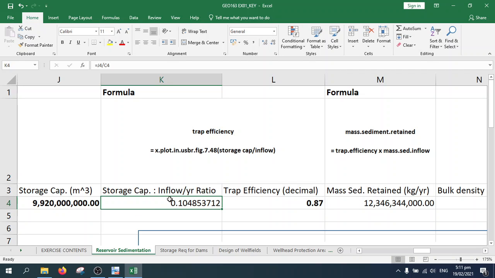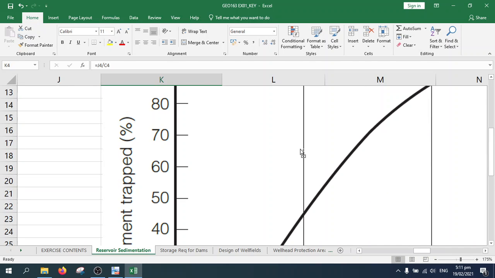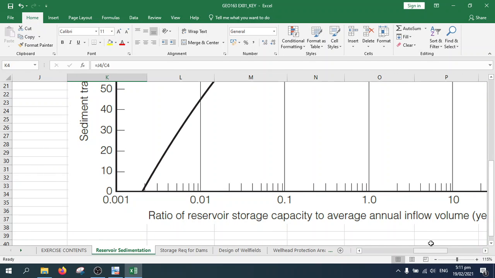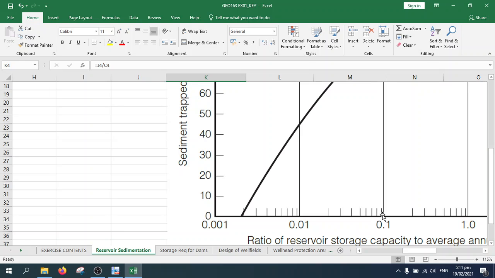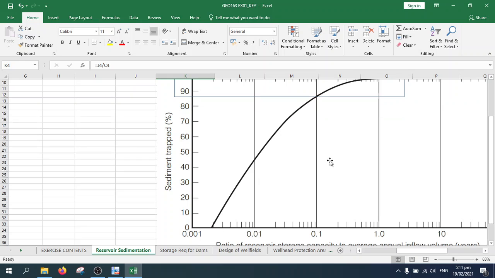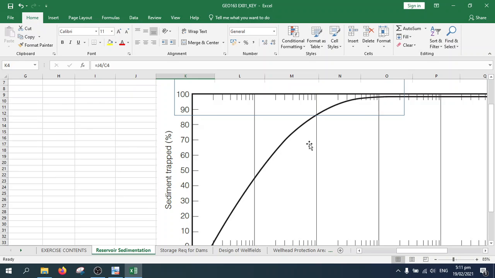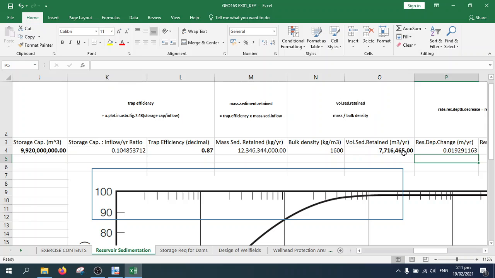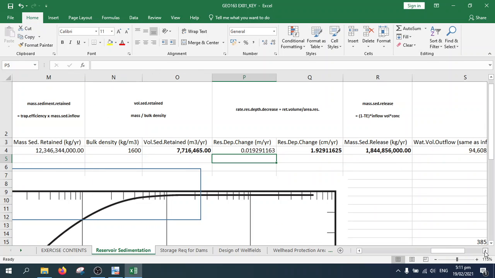So what happens here is that your ratio is actually decreasing over time. And when you have a decreasing ratio of storage capacity to your average inflow volume, it means that your trap efficiency is moving to the left side of your chart. So through the years, the trap efficiency of your dam will be decreasing. So over time, your dam will be taking in less and less sediments.